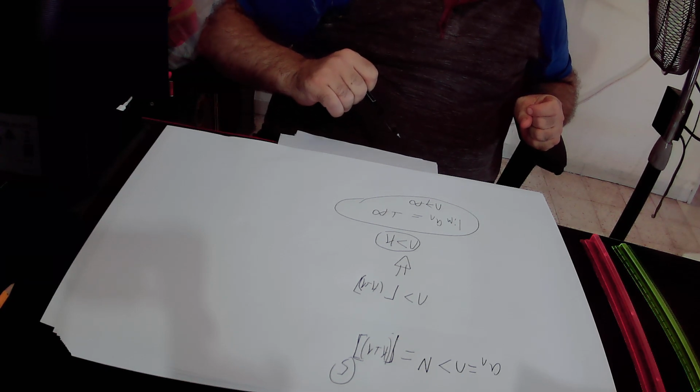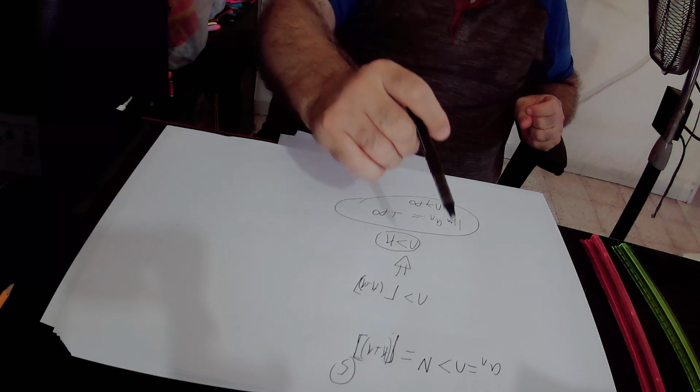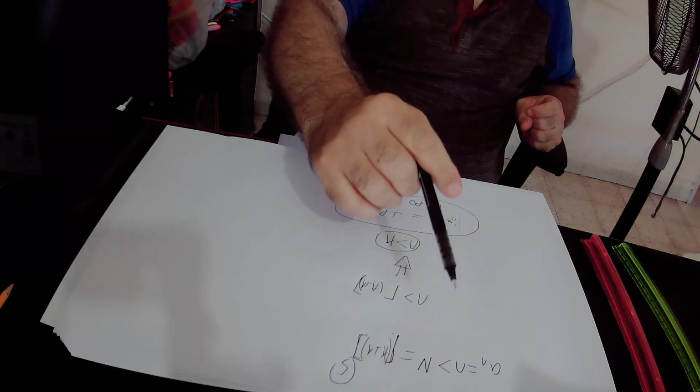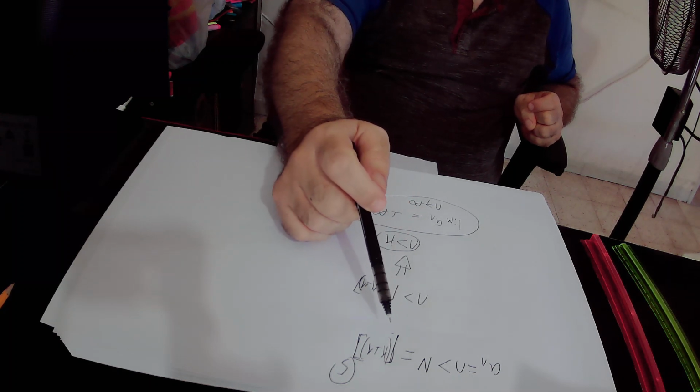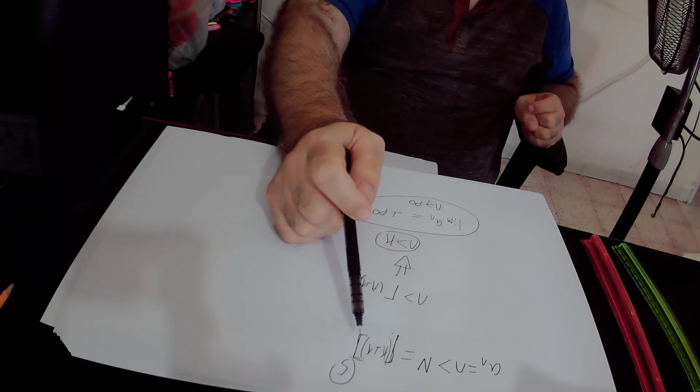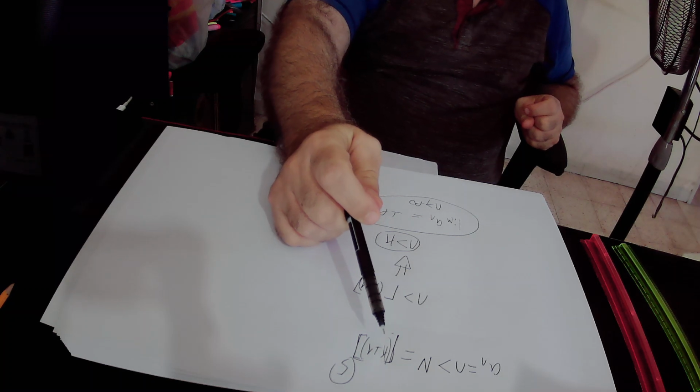Okay? For every k that you will give me, I must give you capital N, and I choose capital N that is equal to k plus 1 rounded up.